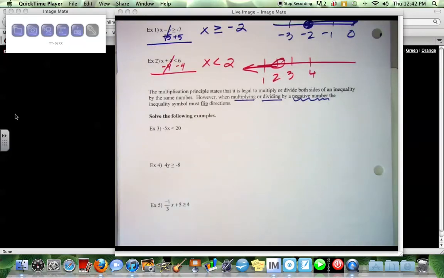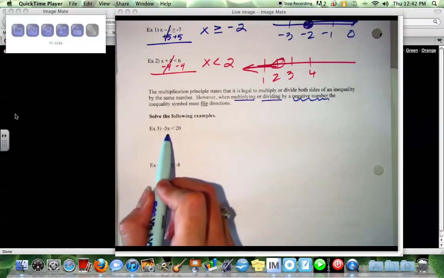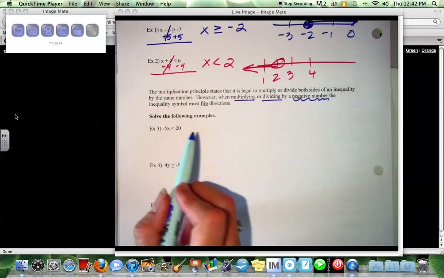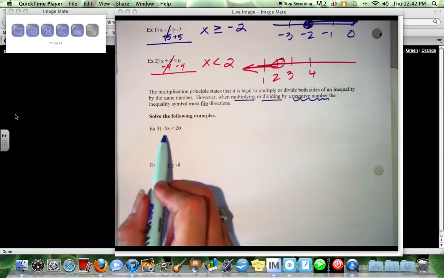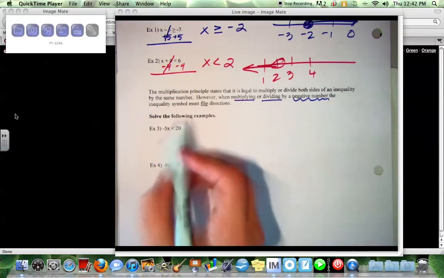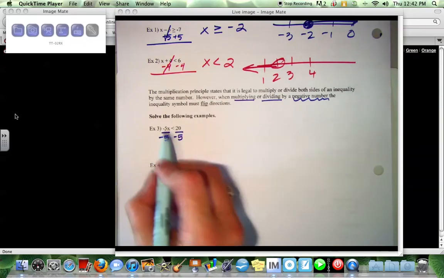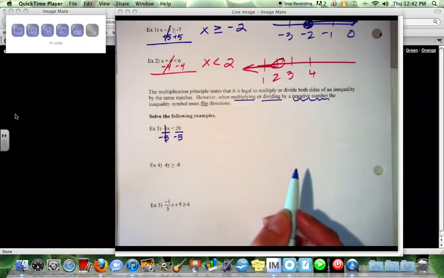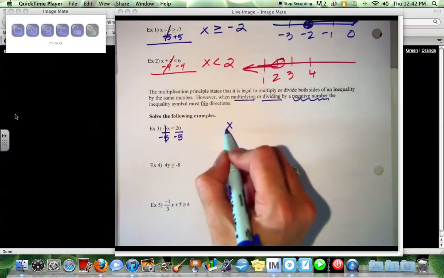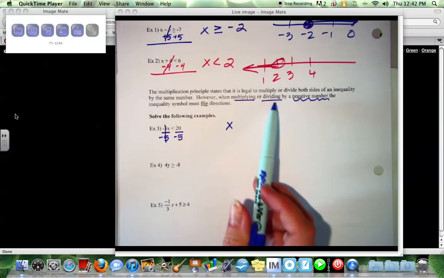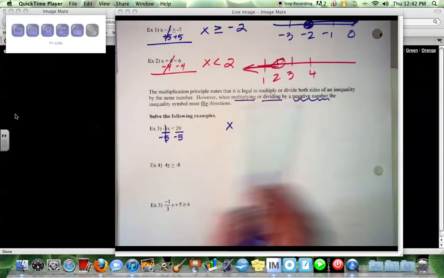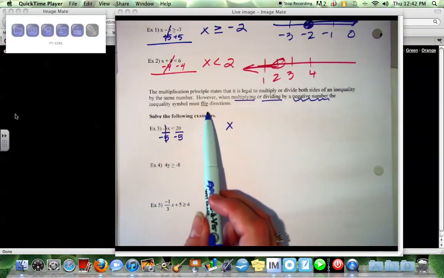So what that means is, on example 3, we have -5x is less than 20. We want to get the x by itself, so what do we do to both sides? Divide by -5. The -5's cancel, so we write down x. Now, because we have divided by a negative number, we have to flip the direction of the inequality symbol.